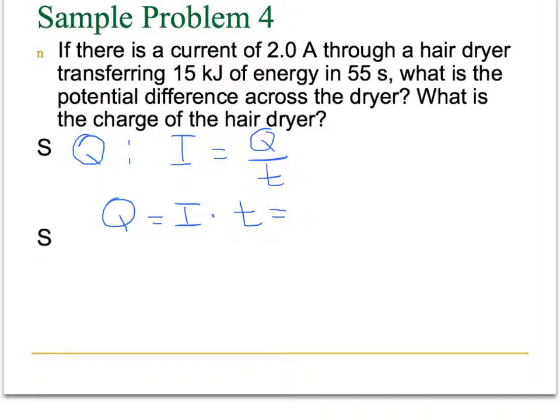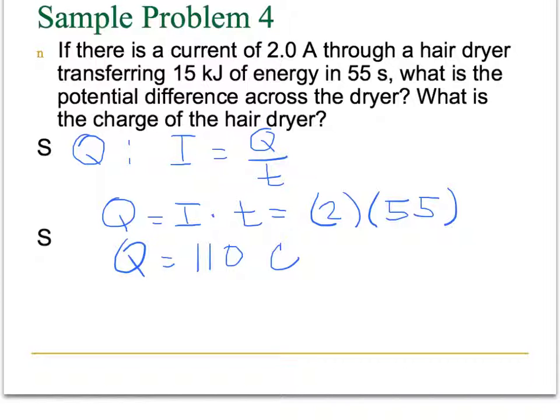Our I is 2, our T is 55, so our Q would be 110 coulombs. Now since we know the charge, we can now solve for V.